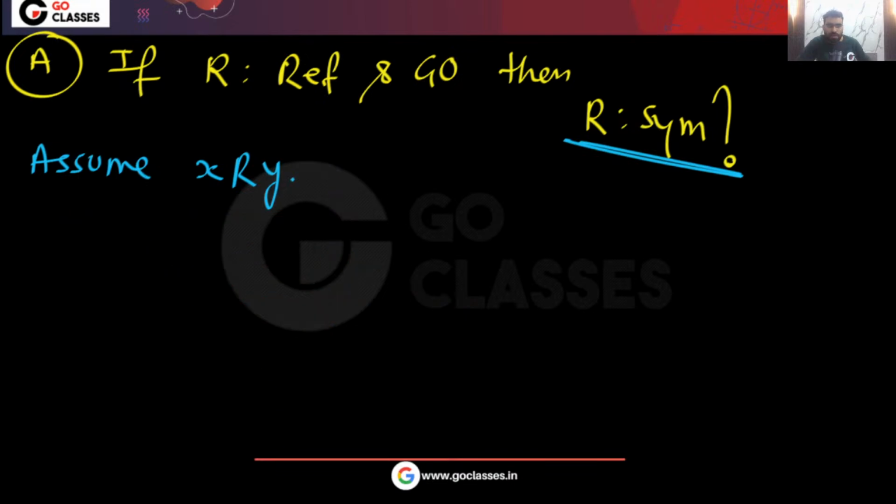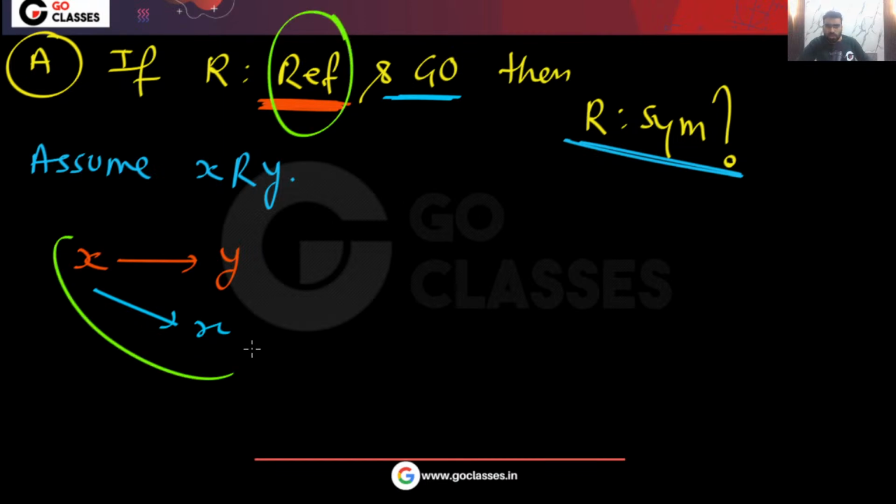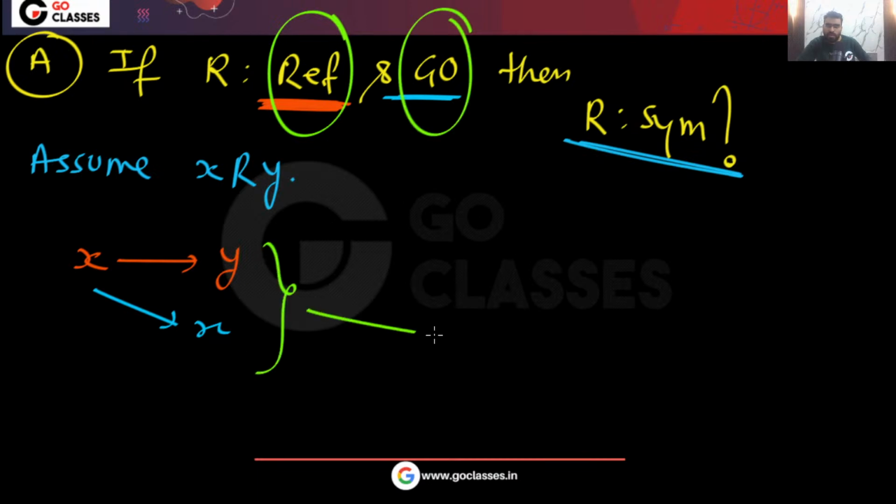So very simple. Now assume X is related to Y. It means X is related to Y. And because it is reflexive, it is given that R is go relation and reflexive. So because it is reflexive, X is related to X also. Yes or no? Is this clear? And because it is go relation, now what will happen?